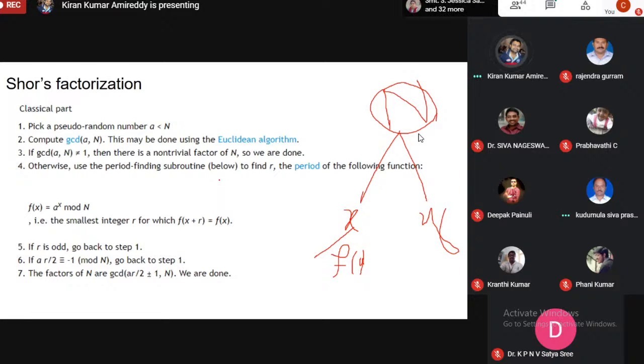If it is 1, then we substitute within a fine range, within some period, and generate the function f of x. We can write this function like this: a is our random value, we write the function in terms of x, and n is our given value for which we are looking for the factor.